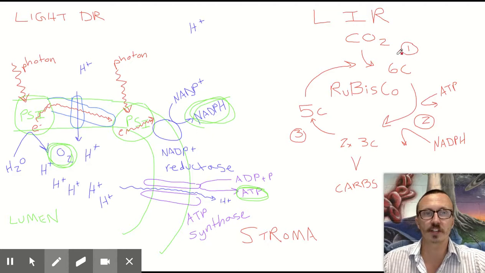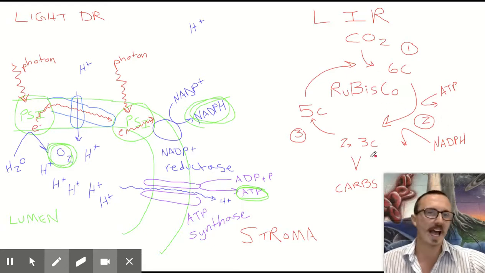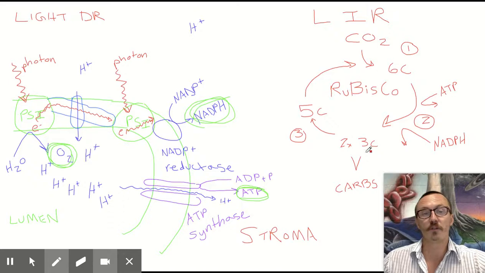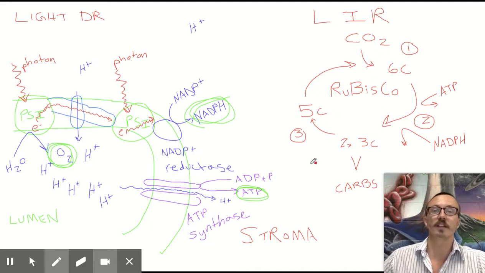So you have carbon fixation, where carbon dioxide is fixed into that 6-carbon sugar, and then ATP and NADPH take our 6-carbon sugar and split it in half and get it just right for forming glucose. And then some of those extra 3-carbon sugars are going to be used to reform that 5-carbon sugar that Rubisco used initially to fix carbon dioxide.